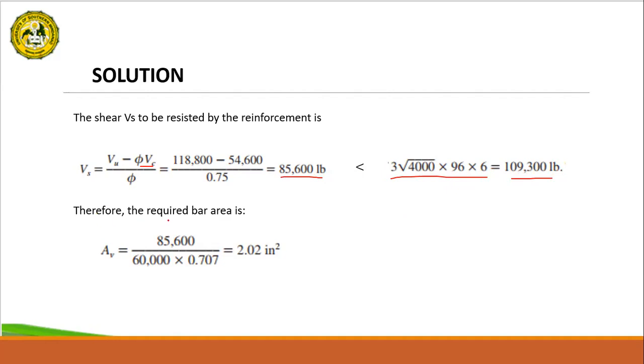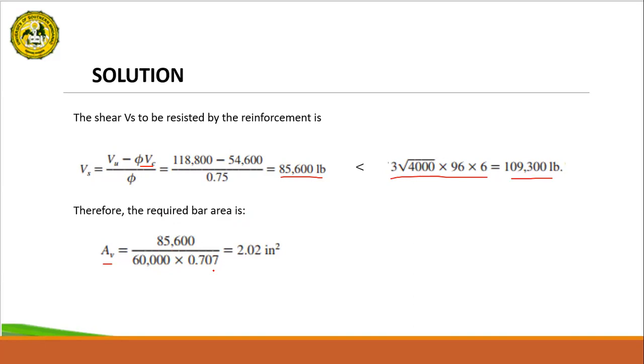Now, computing for the required bar area, which is AV. So we have here the VS, no? Ito yung i-carry ng VS. So 85,600 divided by Fy times sine alpha, kasi bent kasi yung bar natin.